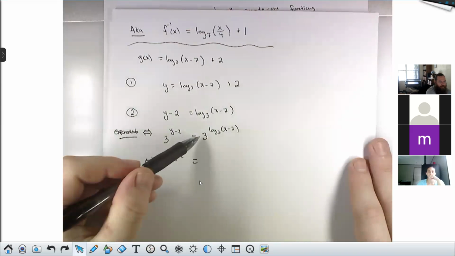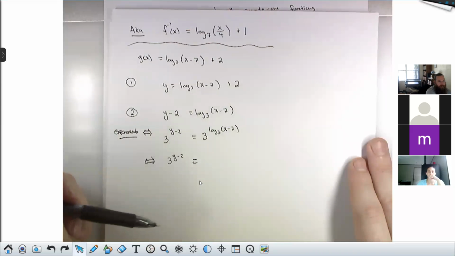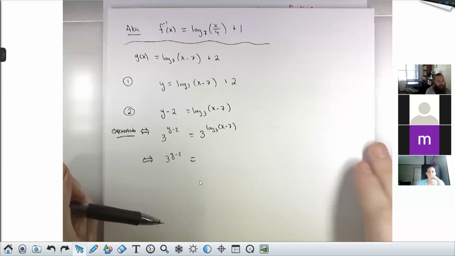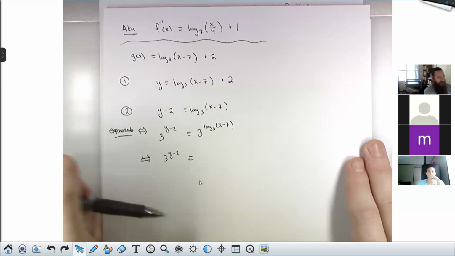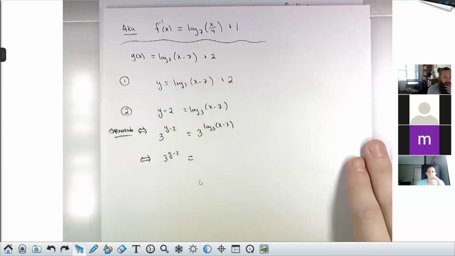What does this simplify to? Yeah, just x minus 7.